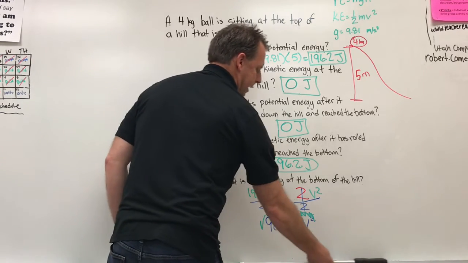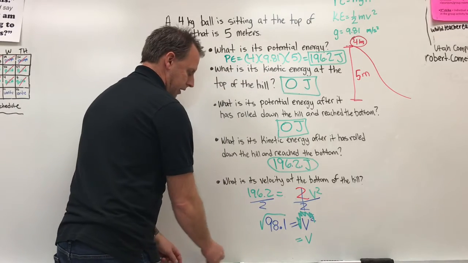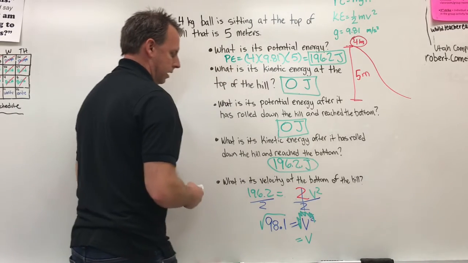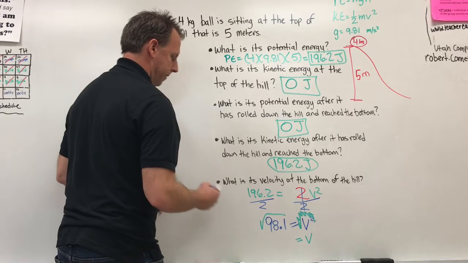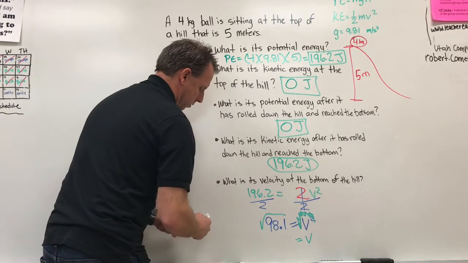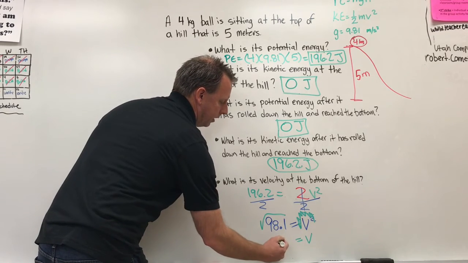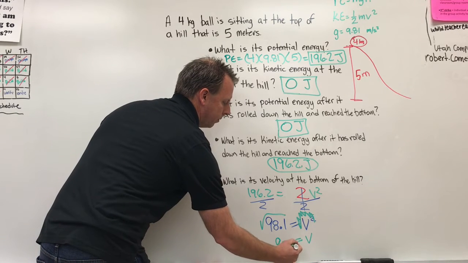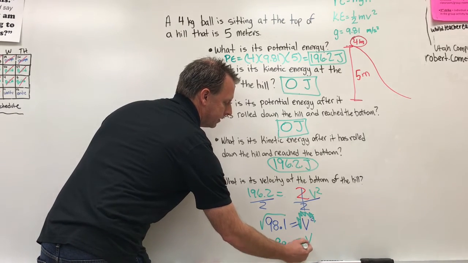That comes out to be 9.90. V equals 9.90 meters per second.